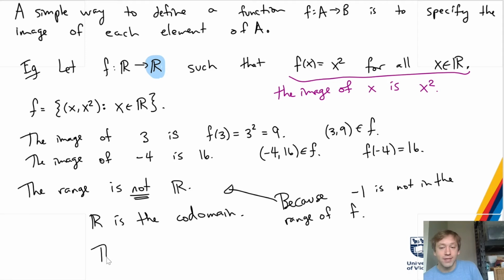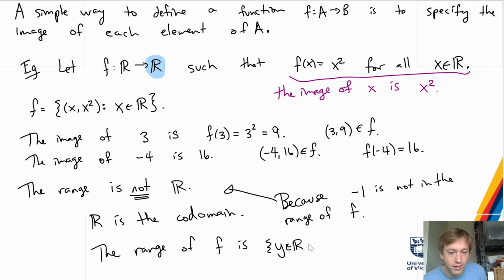So the range of f is actually all of the non-negative real numbers. The range of f is the set of all y in R such that y is at least 0. We can write that in interval notation as the interval between 0 and infinity. This means the same thing as this.